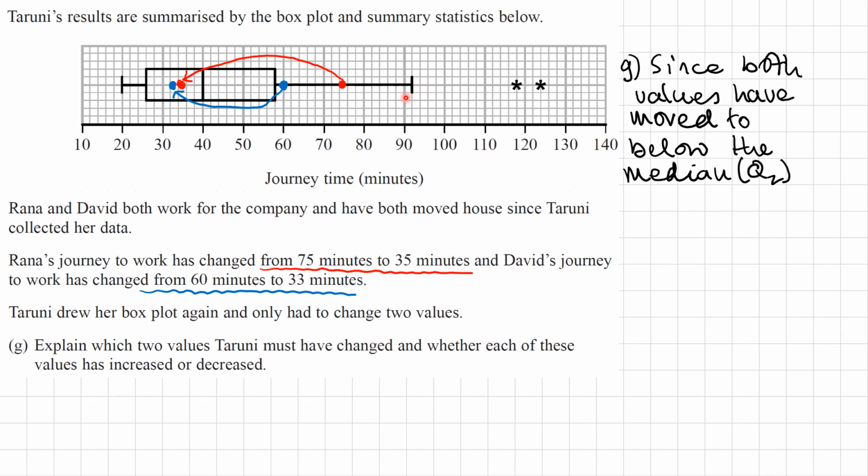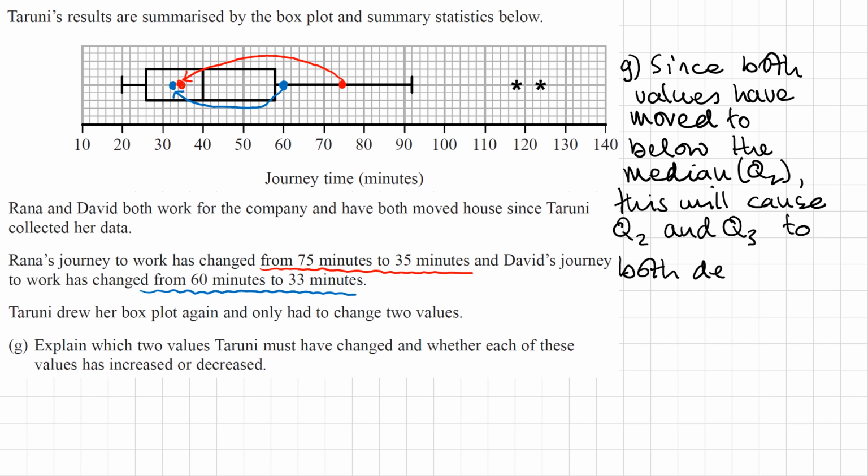It's got no effect on the largest value or the smallest value or the lower quartile because they're not below the lower quartile. I'll just write that this will cause Q2, that's the median, and Q3 to both decrease. They're going to get smaller.